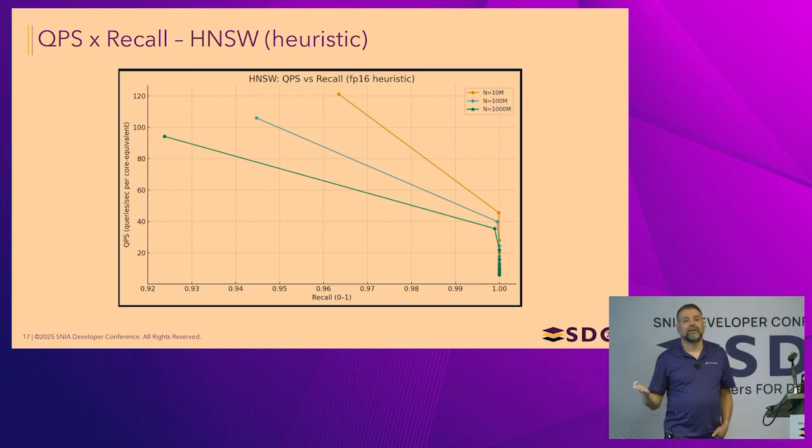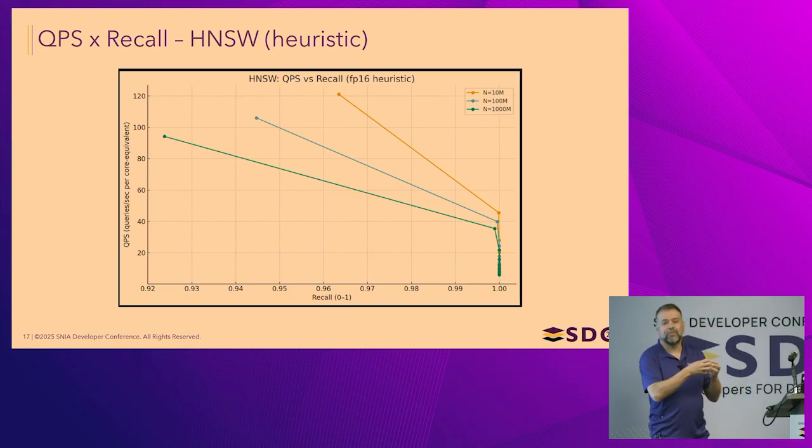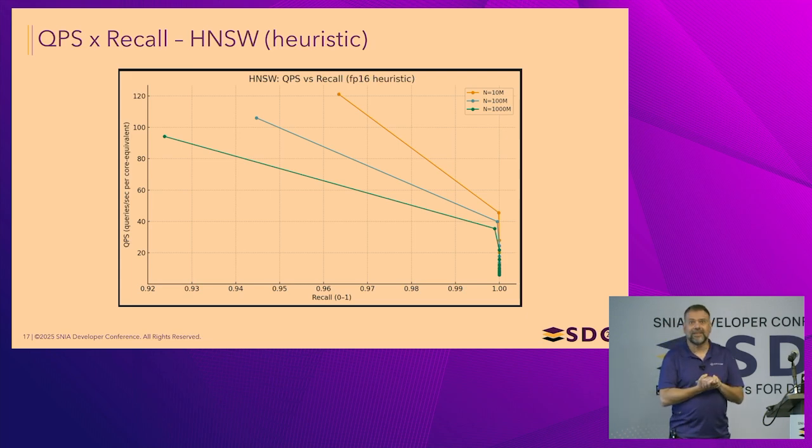So that choice is very important when you're comparing. Again, if you're comparing FP8 with FP32, you're also going to see different results for the same model, because you have a different amount of information per vector. And that was something that took me a while to understand.